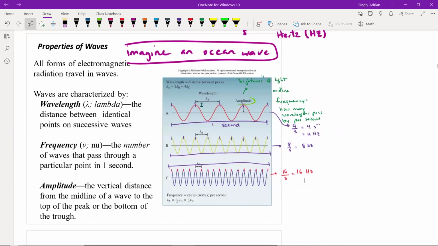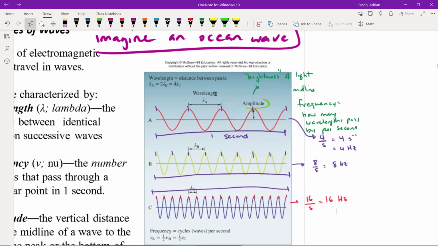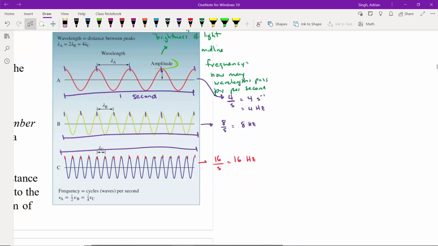And this is going to be really, really important when we start looking at relationships between things, okay? So we have our three waves, three different forms of radiation, A, B, and C. Now, what do we notice when it comes to wavelength versus frequency?